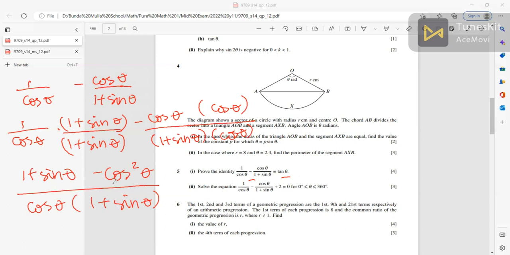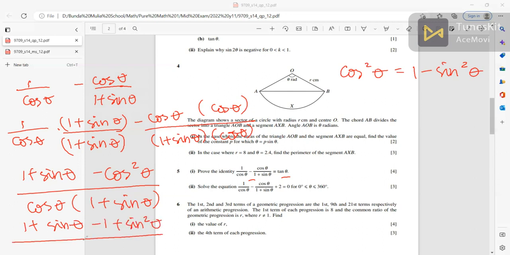So from here we know that cos square theta, we can make it into sine square. We have to know that cos square theta equals to 1 minus sine square theta. So this will be 1 plus sine theta minus 1 plus sine square theta over cos theta 1 plus sine theta. 1 minus 1 and we delete.